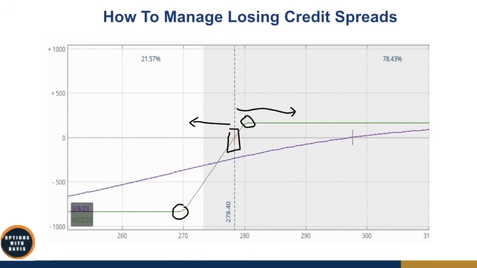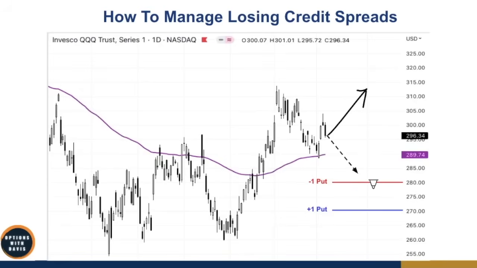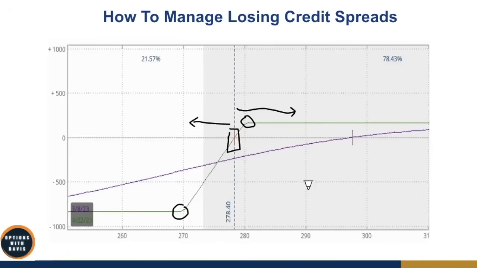So let's say for example the market has come down but it has not yet touched your short strike at 280. At this point the market is somewhere in this region, and this is the current market price right now. Although the market has dropped and you are seeing a loss on your P&L in your trade position, it's absolutely fine at this point, right?